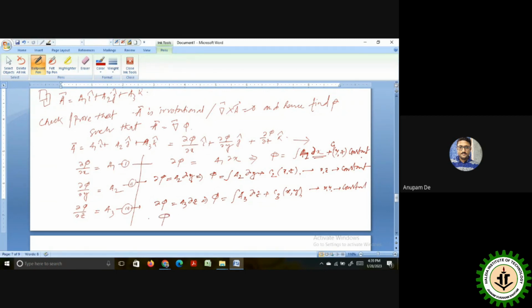This will imply phi will be equal to the common terms in these expressions, written once, then the uncommon terms, and then plus some constant c. That will be the function phi.